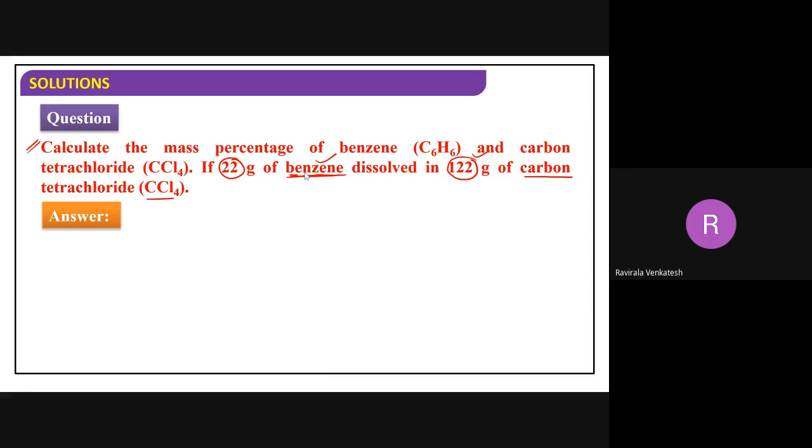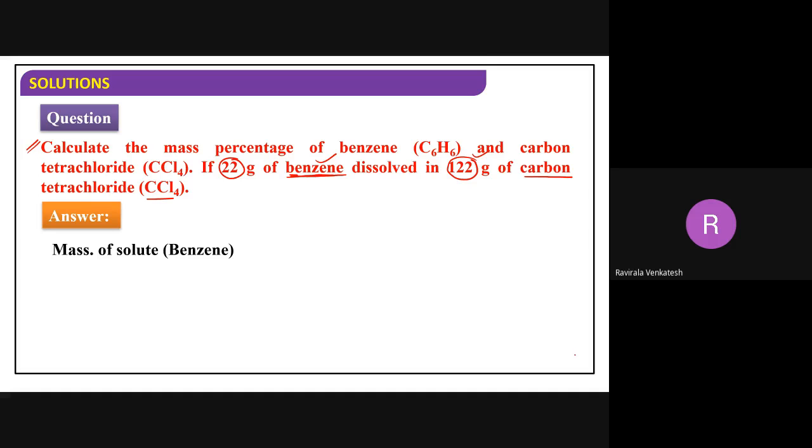Now tell me the answer. Calculate the mass percentage of benzene. Formula? At least tell me the formula. The formula is weight of the benzene divided by weight of the solution.